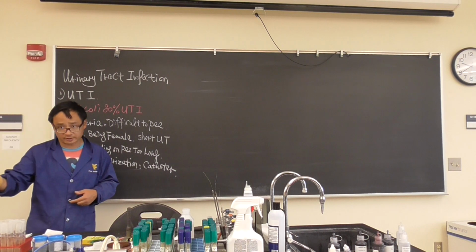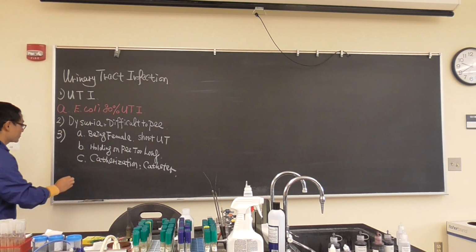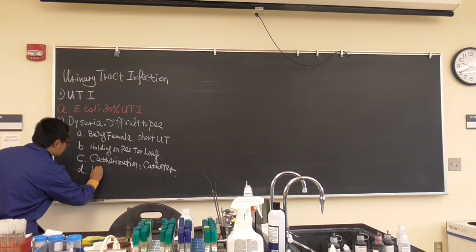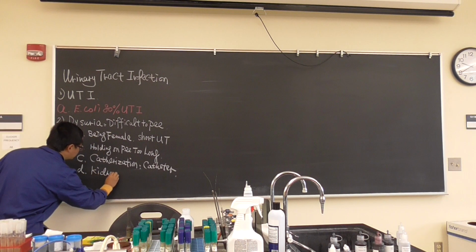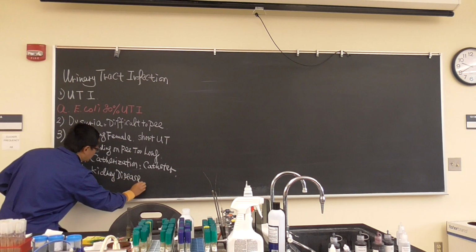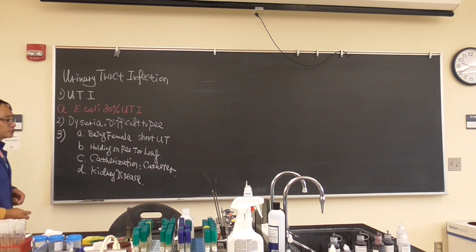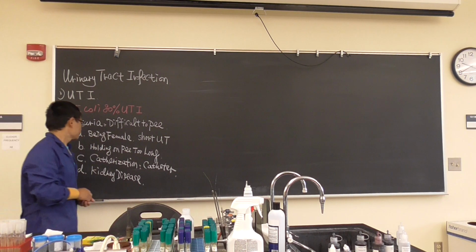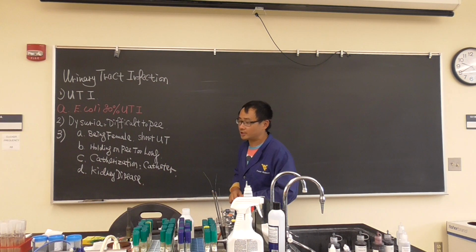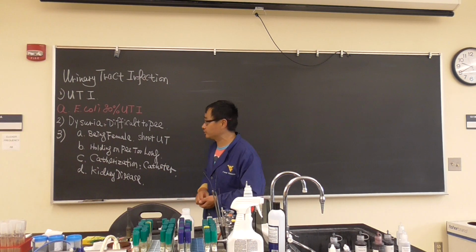That's catheterization caused by the catheter. Number 4, obviously, if you have all kinds of kidney disease, kidney stone, kidney cancer, inflammation, all those things will cause UTI. Okay? So this is basic information regarding UTI related to microbiology.